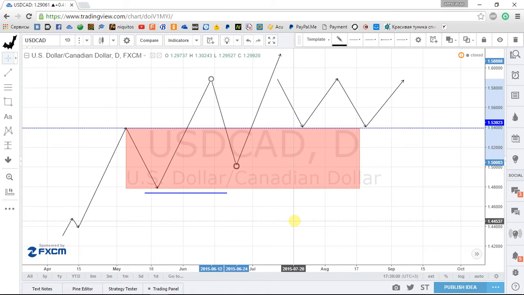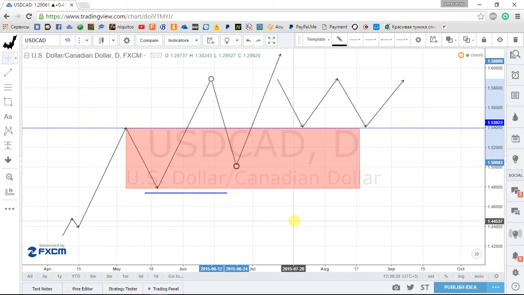The longer the pullback was, if it had a zigzagging structure, the stronger the level was. So if price didn't bounce deep enough from this level, then the level didn't trigger many sales or buying orders, so nobody believed that this level is of any significance.